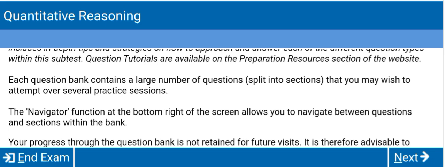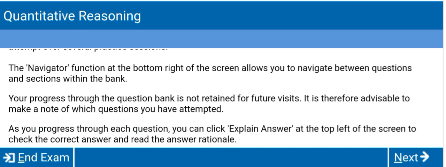The navigator function at the bottom right of the screen allows you to navigate between questions and sections within the bank. Your progress through the question bank is not retained for future visits.